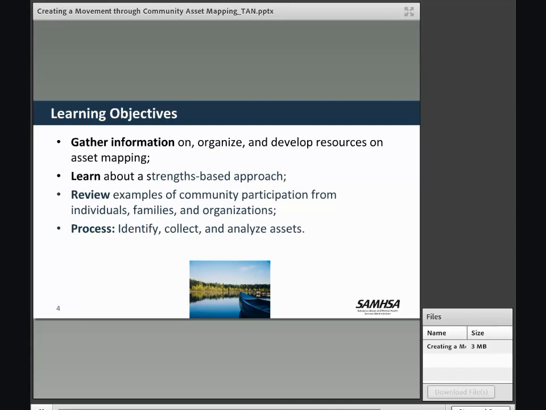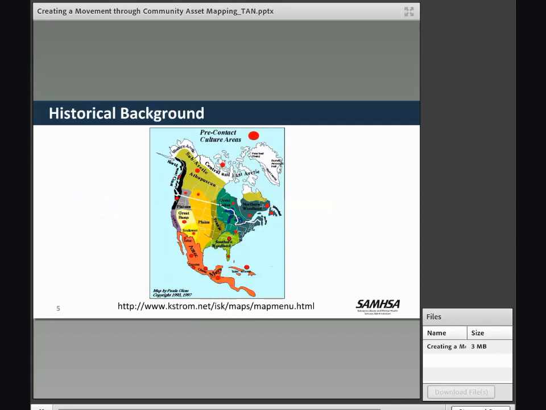I'm going to go on to the next slide, which is the historical background. In this picture, you see a visual image from Paula Greasy, who was using Geographic Information System software, or GIS software, in the 90s to map Native cultural knowledge for conservation and ecological purposes.